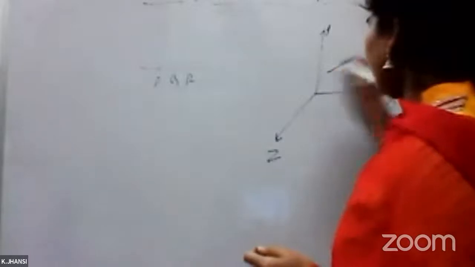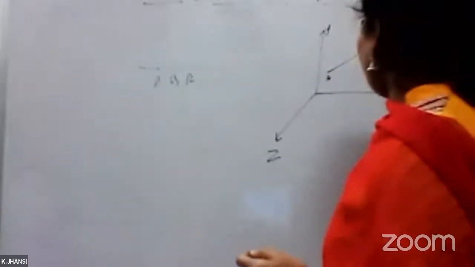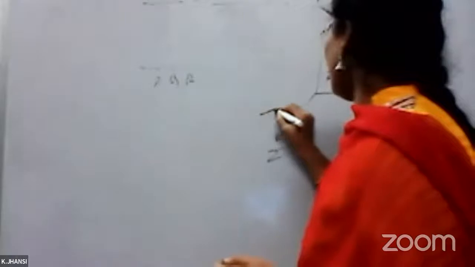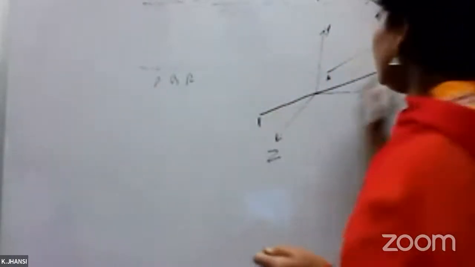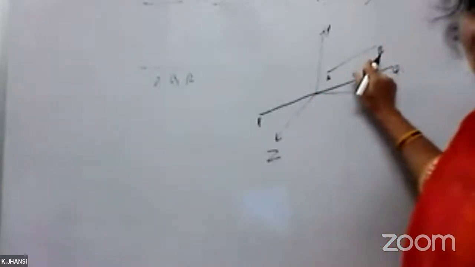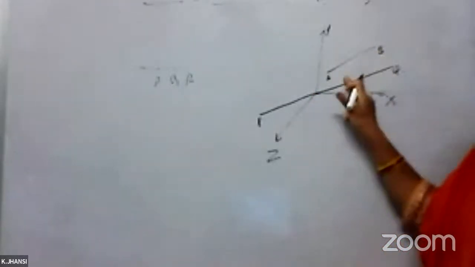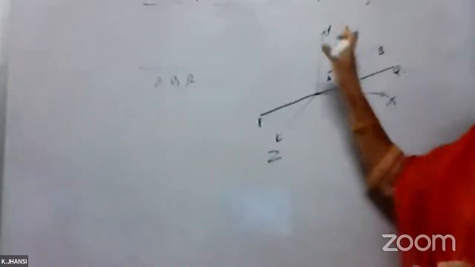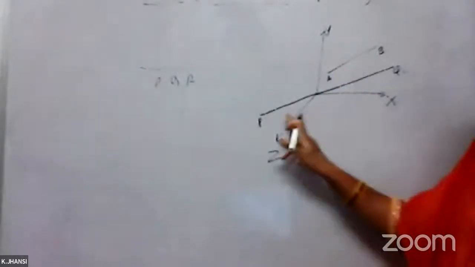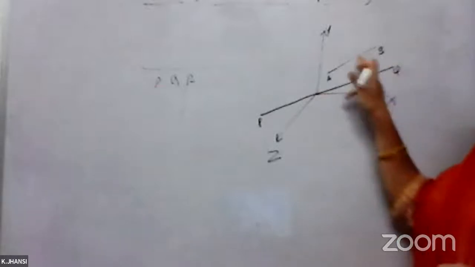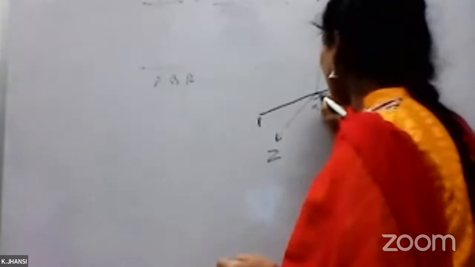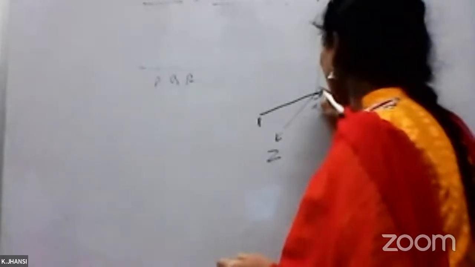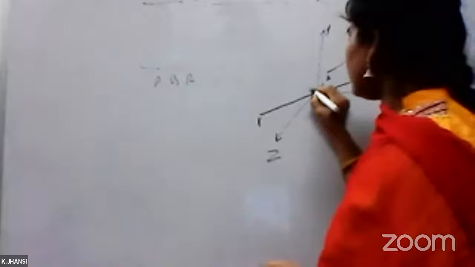So if there is any line, say AB, with the help of that you draw one parallel line PQ. The line AB is the direction line we are drawing in the XYZ axes, and another line PQ which is parallel to it makes three angles: alpha, beta and gamma, with the three axes.